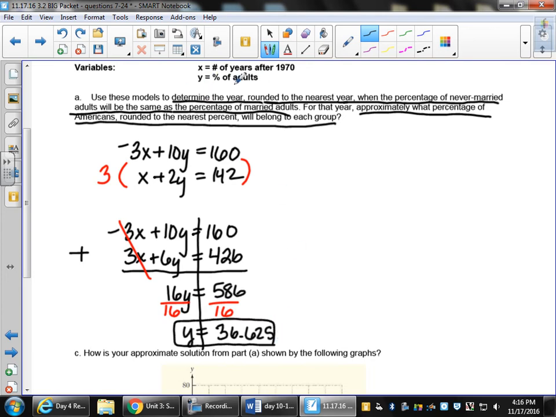Y is defined as the percent of adults. And we need to read for information because I'm told round to the nearest percent. So if we're going to round to the nearest percent, what is the right answer? What's the real world answer if we're told to round to the nearest percent? Rounding this to the nearest percent would be 37%.